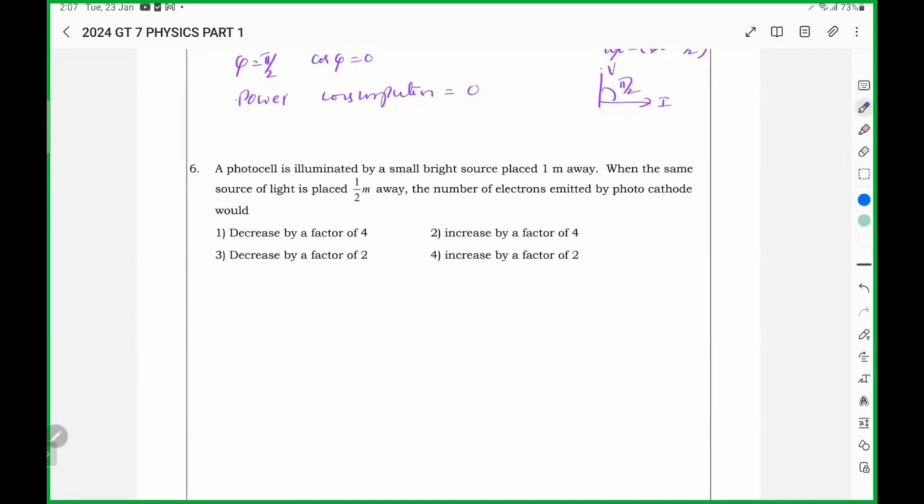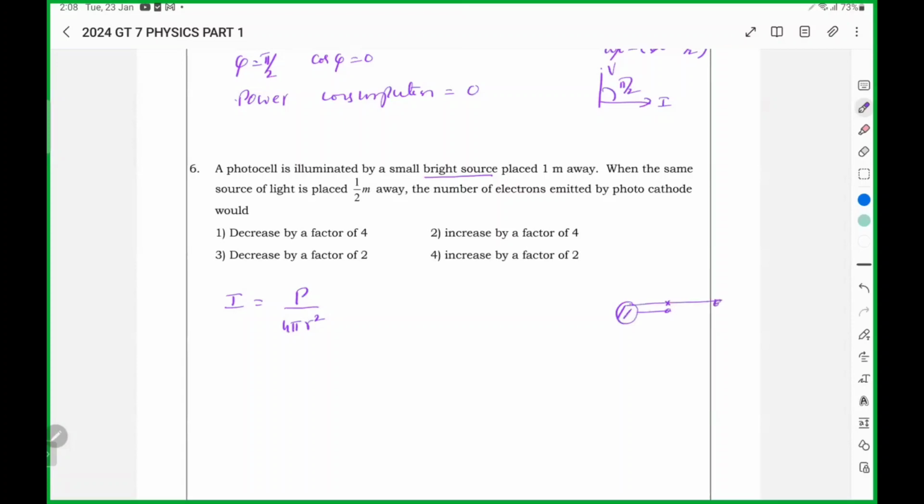Your photocell is illuminated by a bright source placed 1 meter away. The intensity of a source is inversely proportional to the square of the distance.